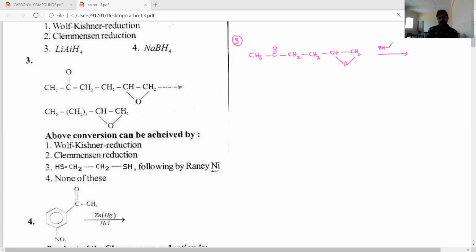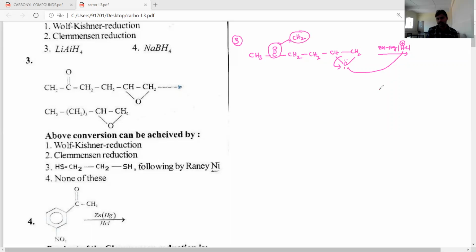Zinc amalgam in HCl, then the acid labile group will be affected, and the H plus ions will open the epoxide, forming the more stable carbocation. In acidic medium, the opening of the epoxide takes place at the sterically more crowded side, and this group is converted into a CH2 group.